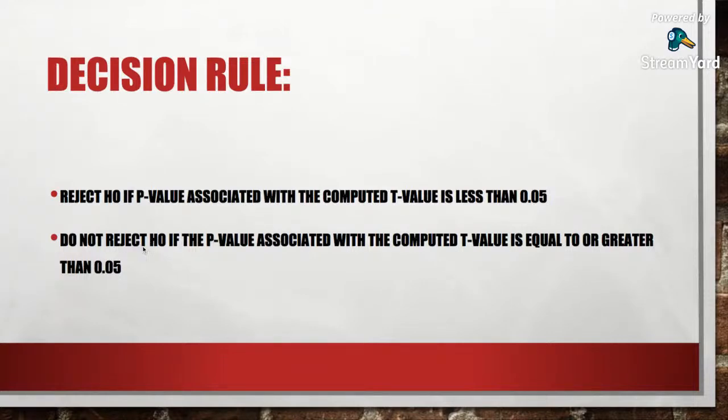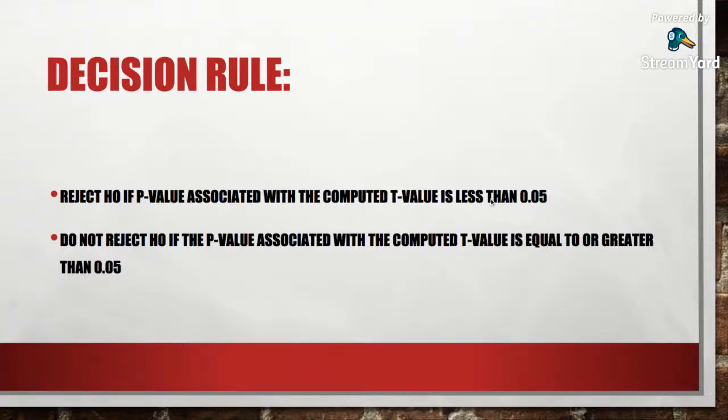Now, we do not reject H0 if the p-value associated with the computed t-value is equal to or greater than 0.05. Please, again, take note of this decision rule. We will be using this in most of the tests that we are going to perform.